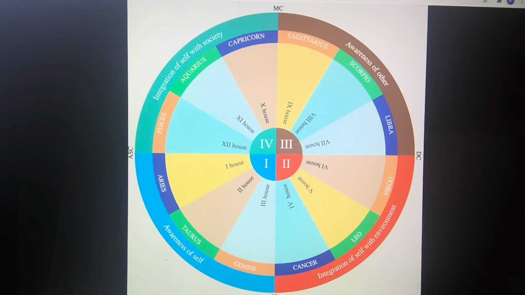Pluto in its lowest octave is considered absolute destruction and control, and its higher octave is, we'll say, phoenix energy, and so it is considered the planet of reincarnation.